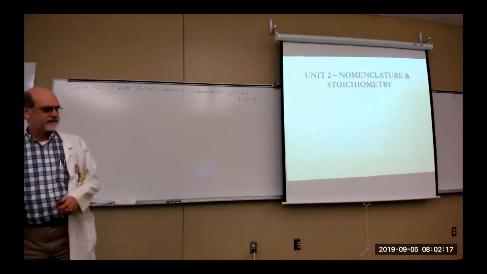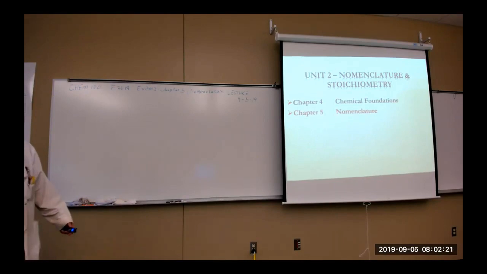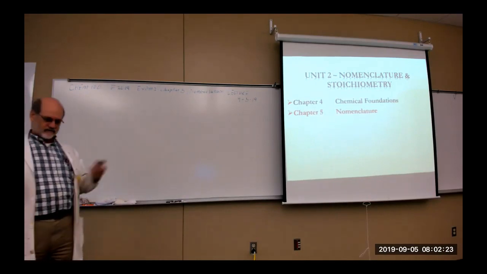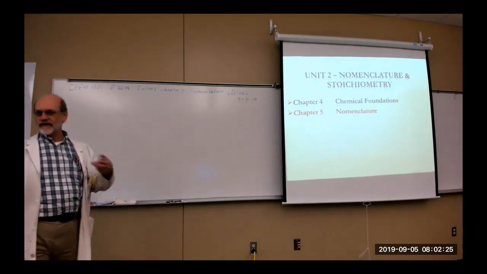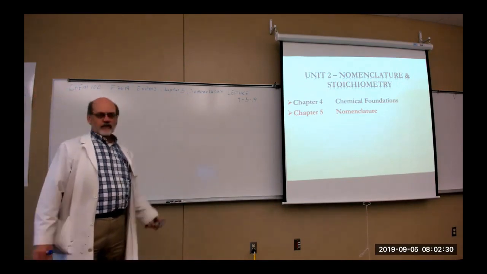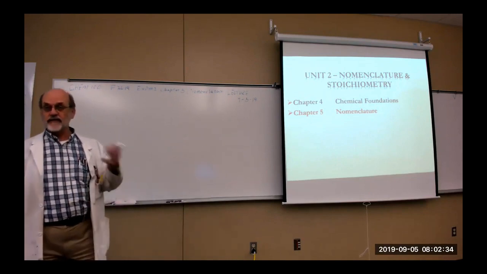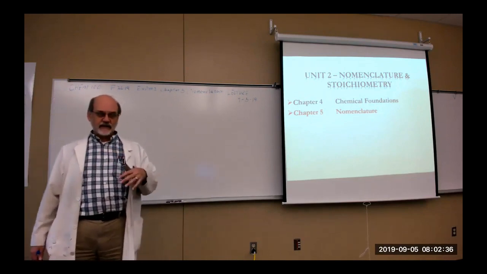Chapter 5. Nomenclature, which is a fancy word for naming compounds. We don't want to just name the compound. We want to be able to write the formula for the compound based on the name.